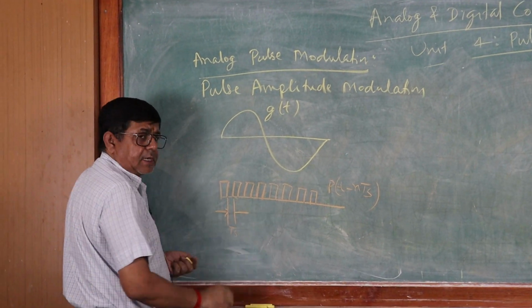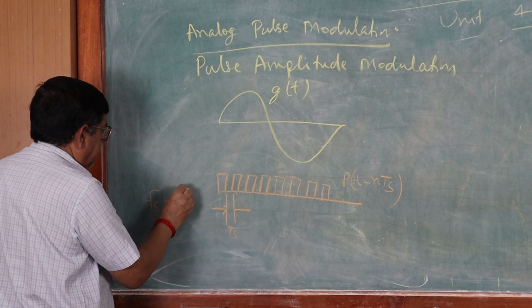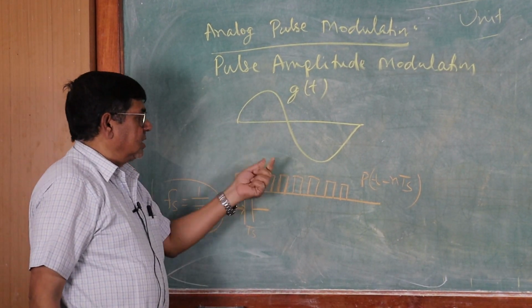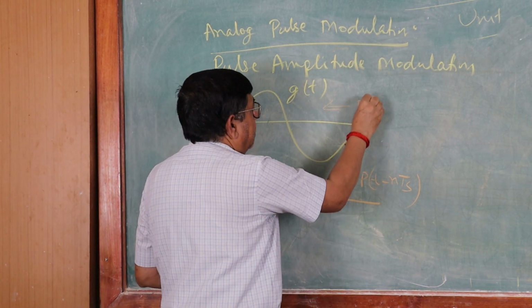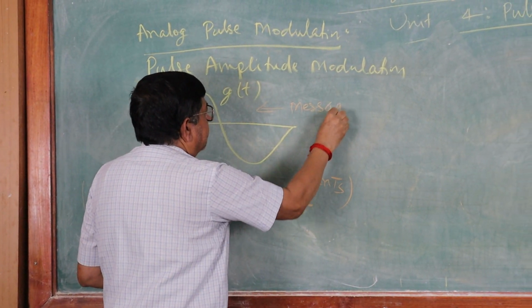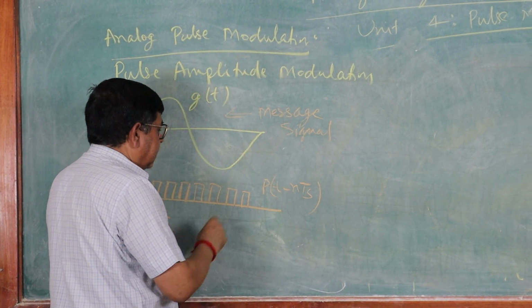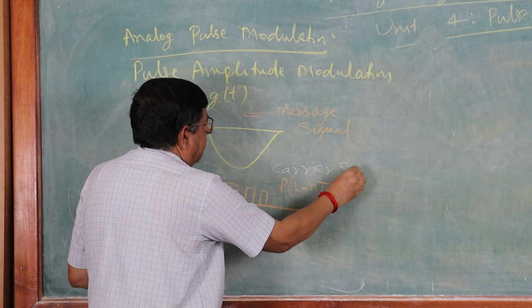And the sampling frequency is 1 upon Ts. So this is your message signal. This is your carrier signal, which is in the form of pulses.